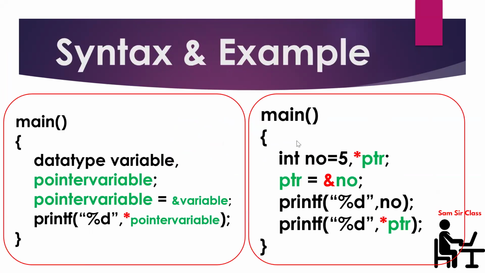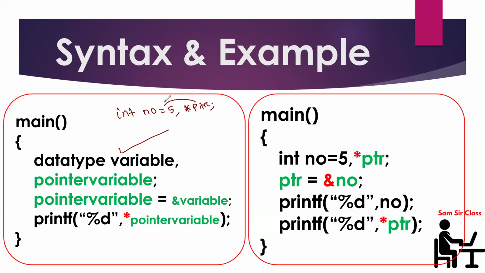Okay. And this is the example we have discussed. And the syntax says that you have to mention the data type of the variable, and the pointer variable must be of the same data type. That means if I want to store the address of an integer variable, I have to declare an integer pointer.